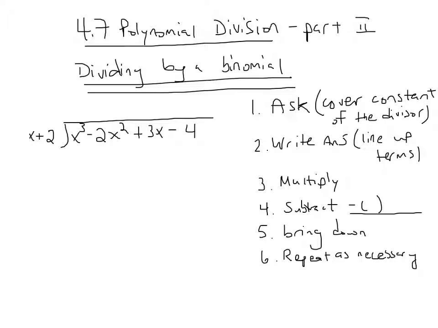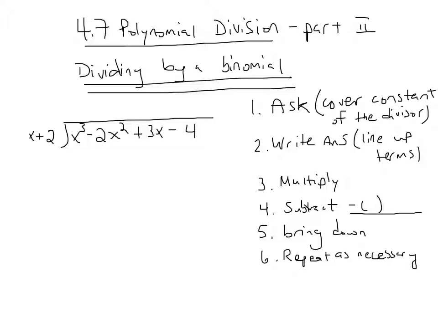Alright, so the first thing we're going to do is ask a question. And in the parentheses here, I wrote cover the constant of the divisor. Well, the constant of the divisor is right here, the plus 2. So we're going to pretend for a second like that plus 2 doesn't even exist. We can't erase it, so we're going to leave it there, but pretend it doesn't exist.